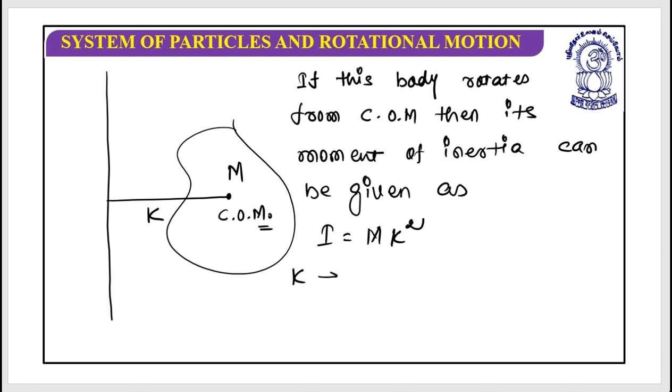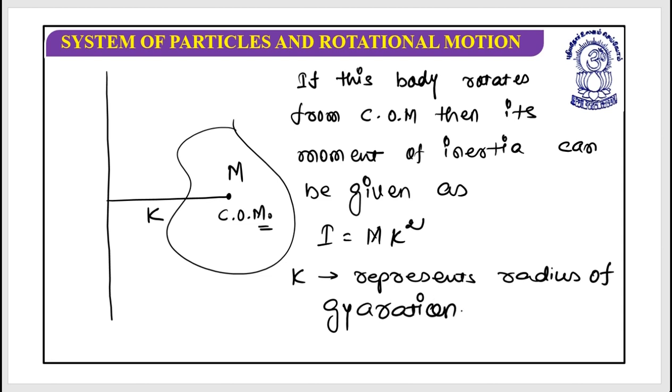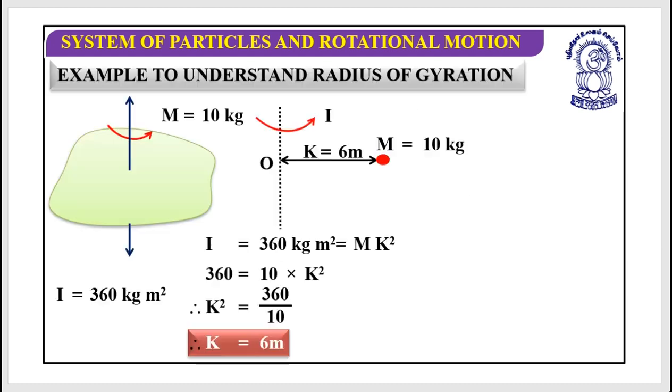So this k represents the radius of gyration. Is it clear? This k represents the radius of gyration. Great. Let's have certain questions based on this, and this thing will be clearer to you.